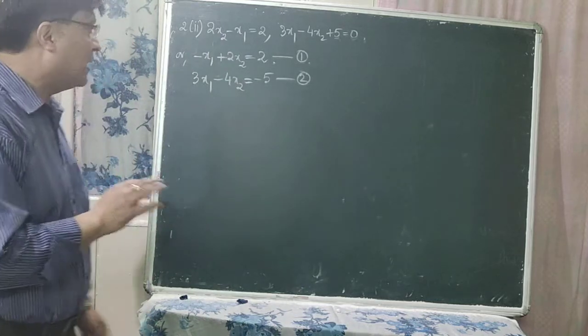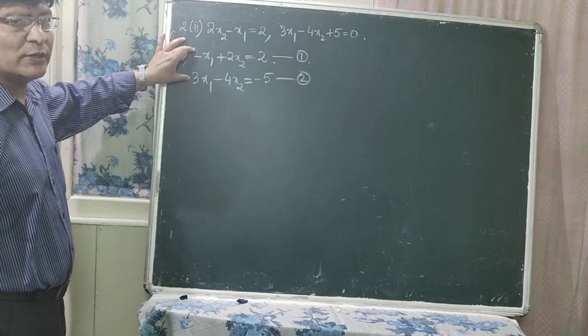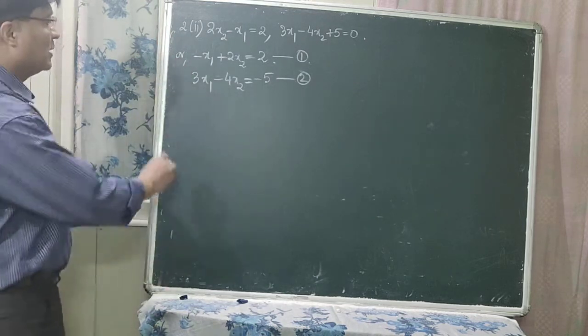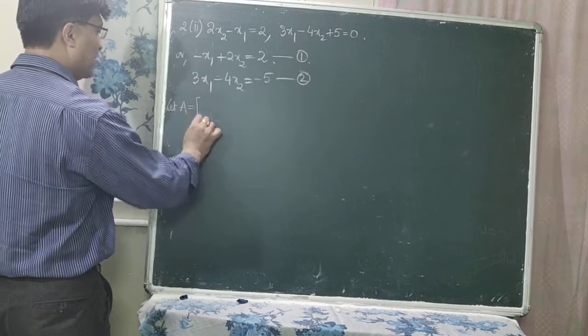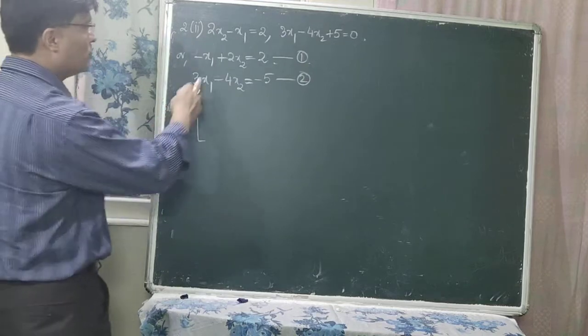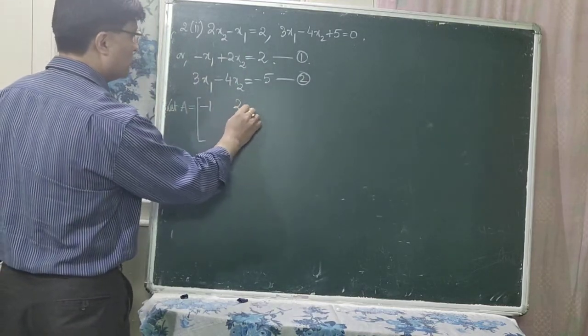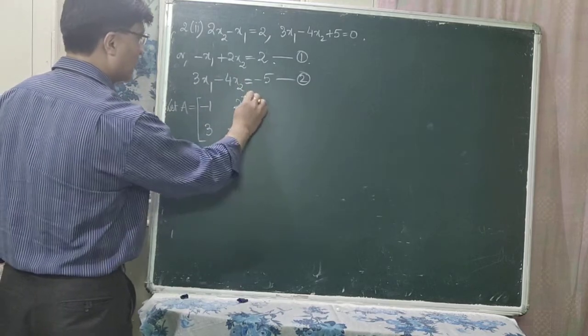Okay. Now, what we will do here is, you have to convert this given system of equations to matrix form. Now, you know how to convert it, isn't it? So, let the matrix A be the coefficient matrix, that is the coefficients of x1 and x2. From the first equation it is minus 1, 2, from equation 2 it is 3 and minus 4.